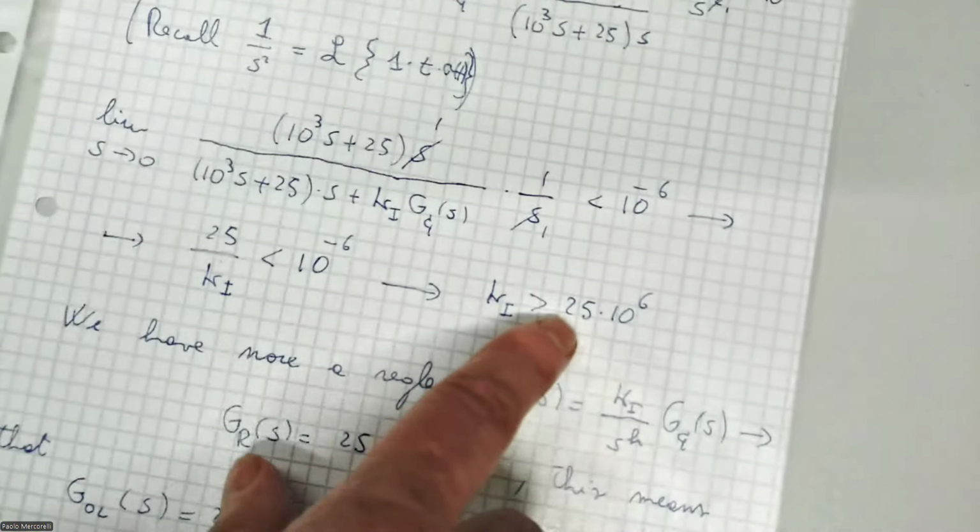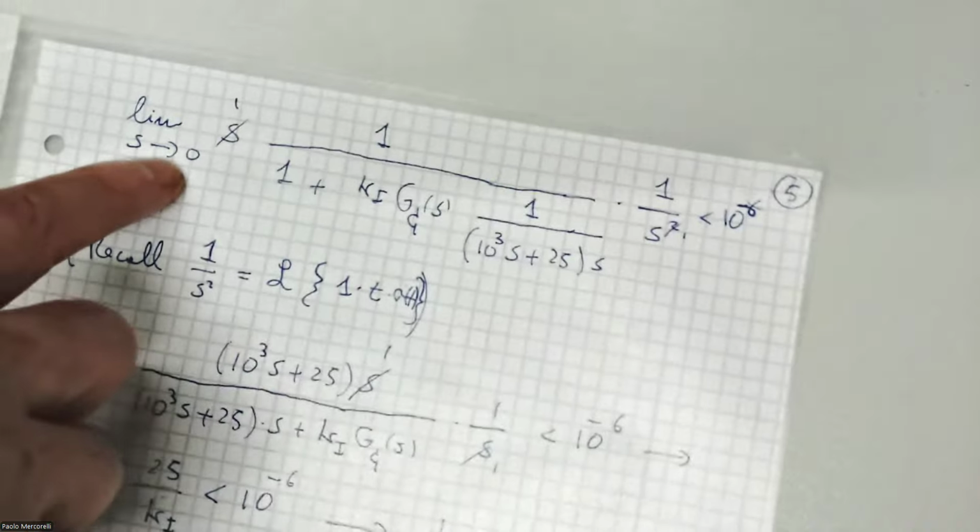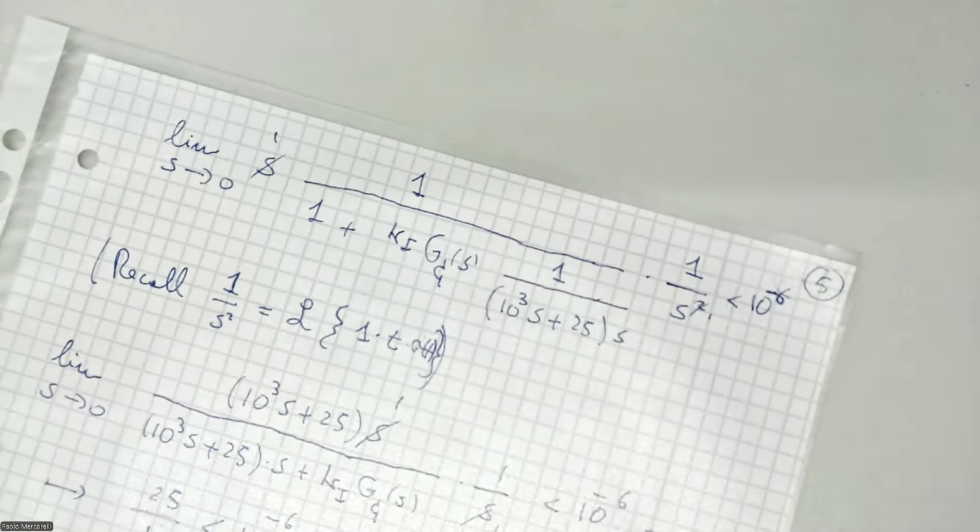Again, it's an approximation because this calculation for Ki works asymptotically. S equals 0 in this context means t infinite.